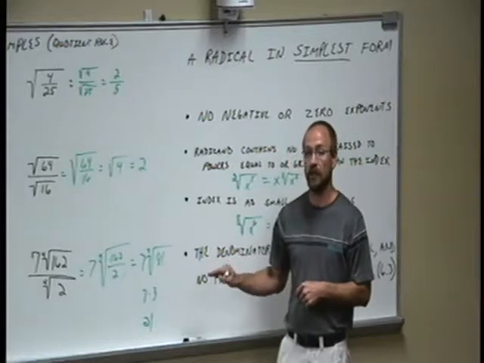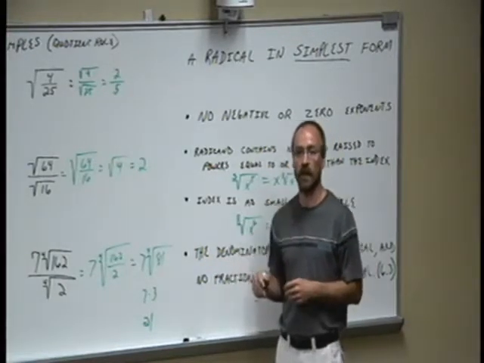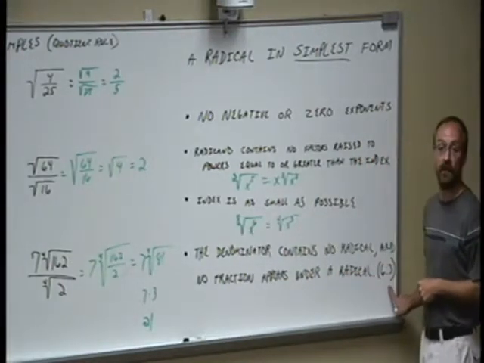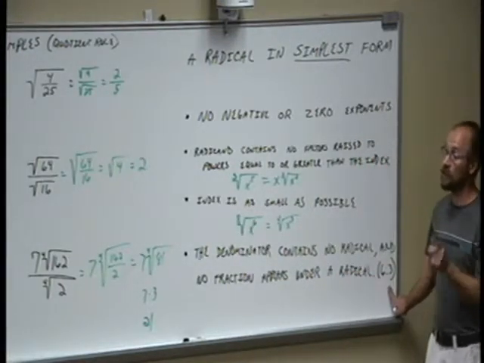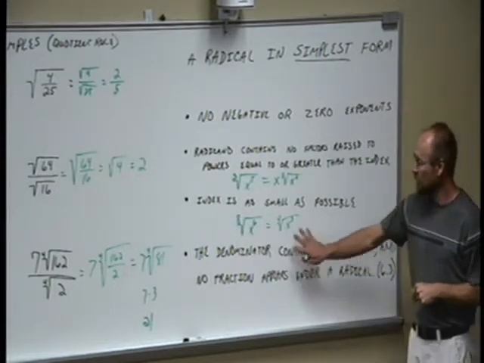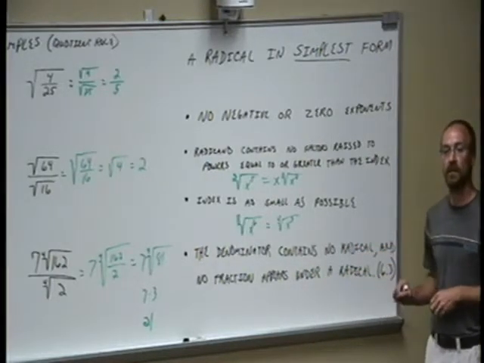Generally, we do not leave radicals in the denominator, and our process of doing that is called rationalizing the denominator. And that's something we'll see two sections away, in 6.3, when we get to that video. So don't worry too much about this one right now. We'll rationalize denominators in section 6.3.